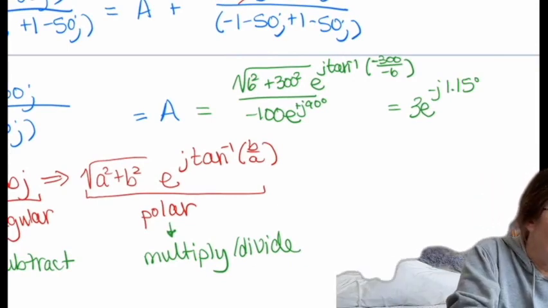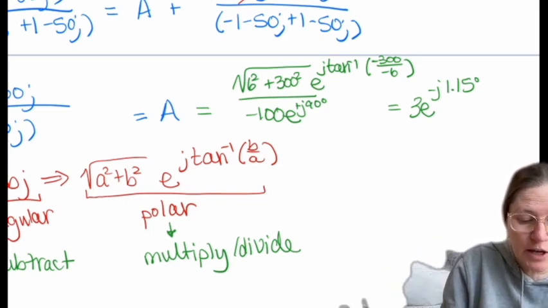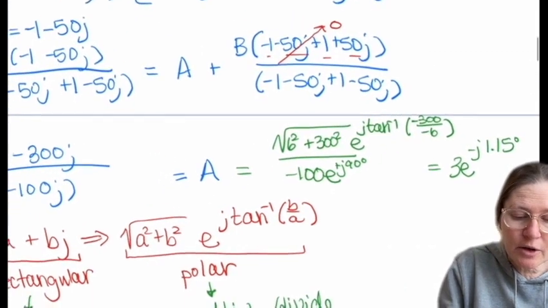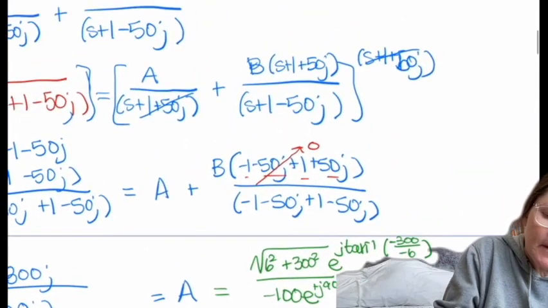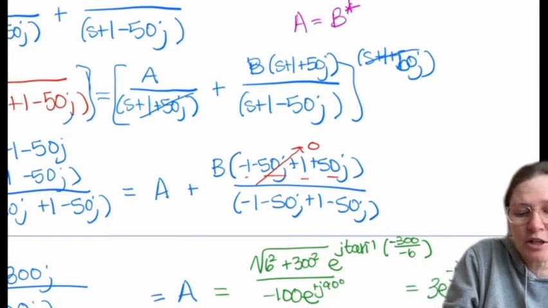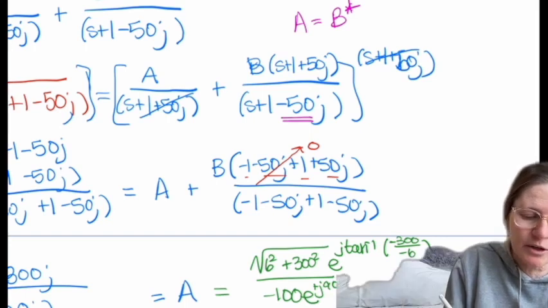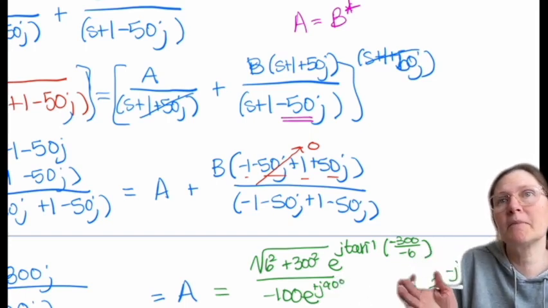So the other thing I forgot with A and B, note that B is going to be the complex conjugate of A. So that means everywhere there's a j, you're going to replace it by minus j.